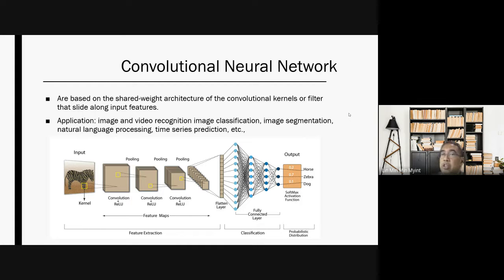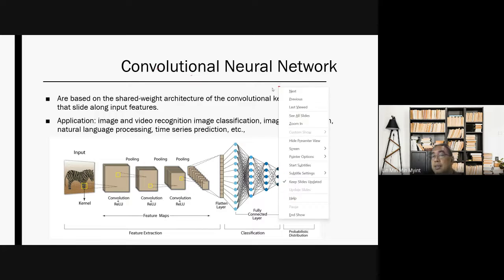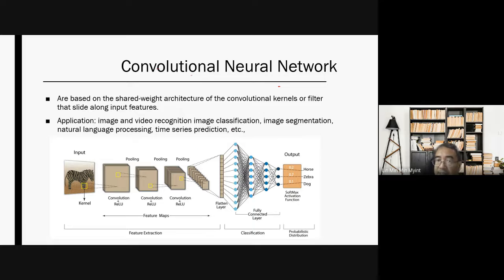So let's start with one of the neural networks, the convolutional neural network. At first, this part is like feature extraction. It uses a convolutional method, image convolution, two-dimensional convolution. After that, it uses a neural network that we call a fully connected network.